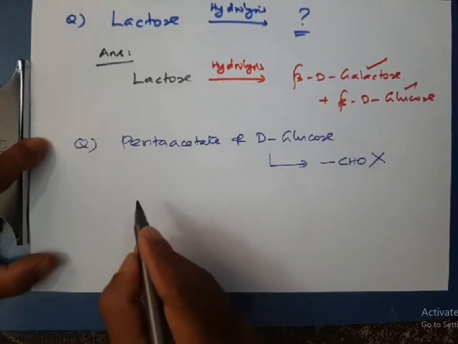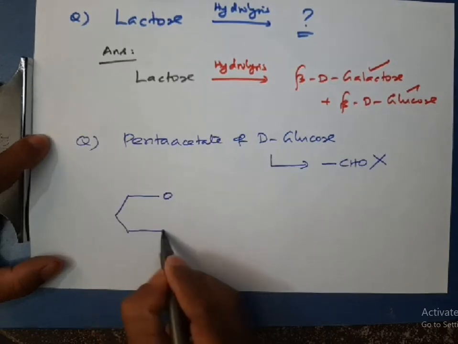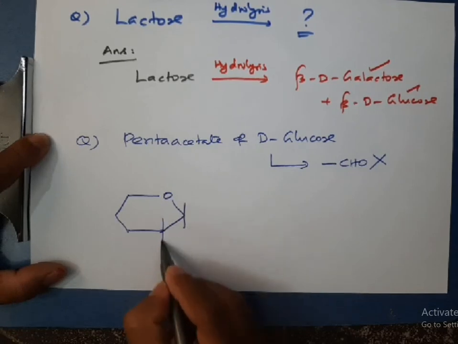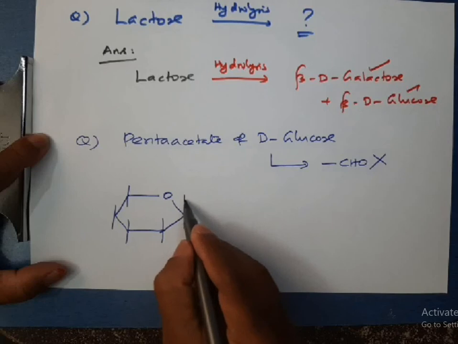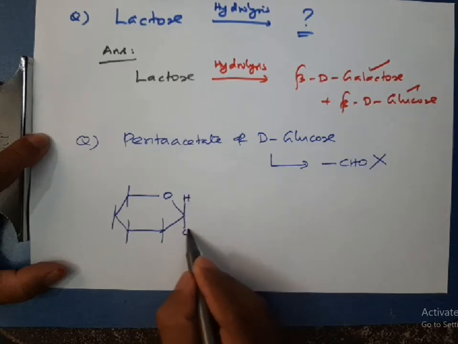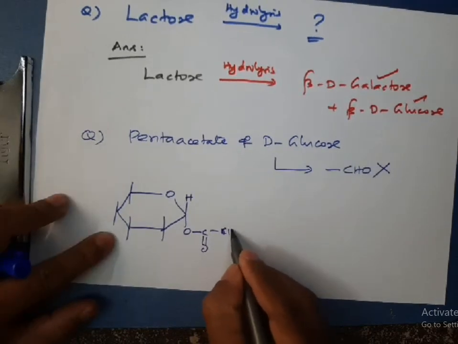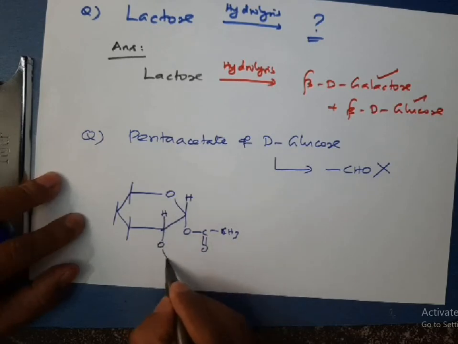Okay, so let me show the structure, students. Pentaacetate derivative of D-glucose. This is the structure: carbons 1, 2, 3, 4, 5. I'll take the alpha form, so I'll put H here. In OH, remove the H and put OCOCH3, the acetate group. Similarly here, above H, in OH, we put OCOCH3.